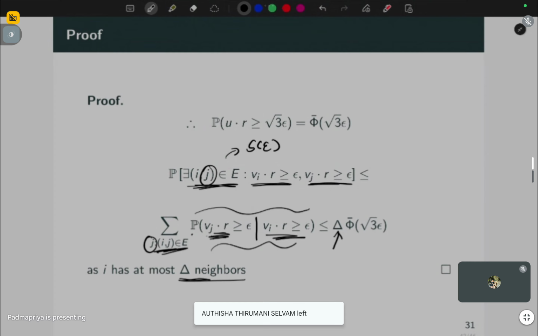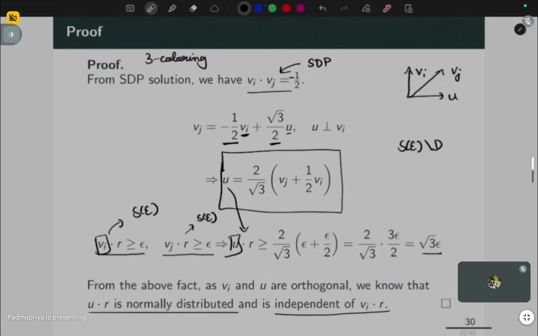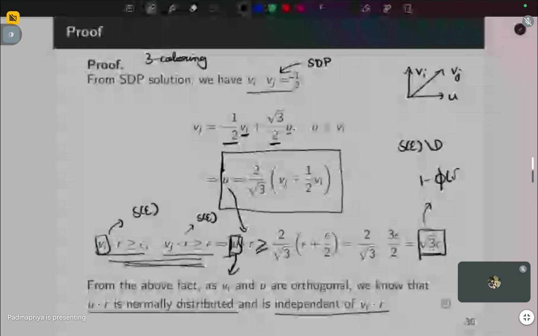And these two together are a standard normal distribution, and we are taking these two pieces of information with one information u, and this u should be greater than or equal to root 3 epsilon for this to happen. And this is normally distributed, so greater than or equal to root 3 epsilon will happen with probability 1 minus phi of root 3 epsilon.